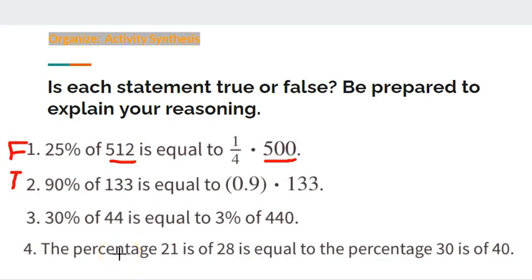Number three, 30% of 44 is equal to 3% of 440. Actually, this is equal because really it is just moving things around, right? We have 30/100 times 44.